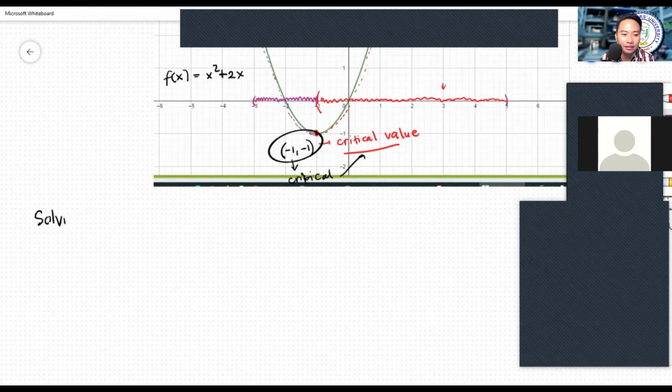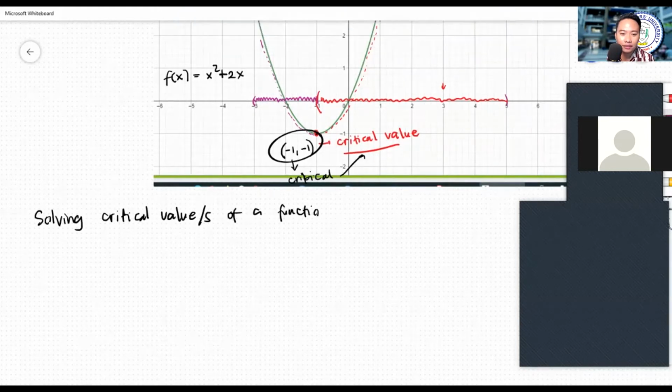Solving critical value or values of a function using derivative. Okay? But first, let me give you definitions.